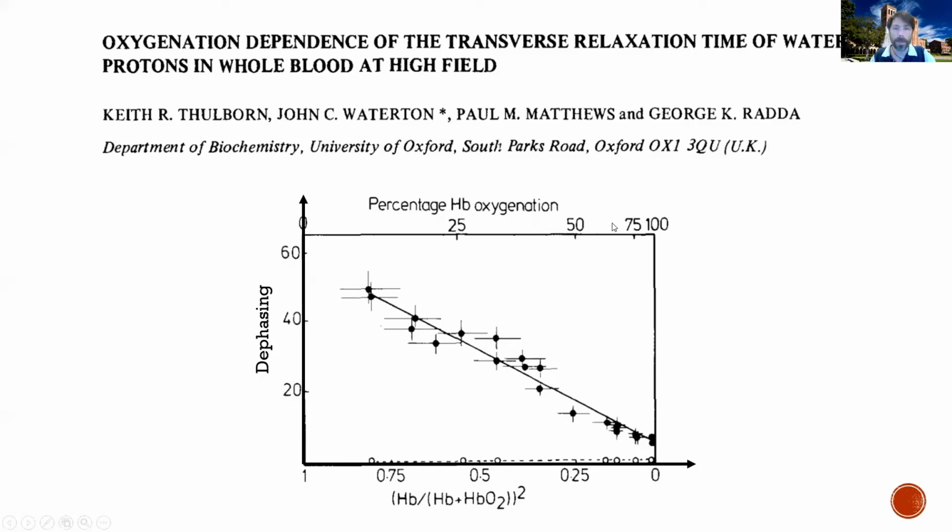On the other hand, if there's little oxygenation, so on this side of the axis, then protons dephase very rapidly. So this line clearly shows this inverse relationship between the speed at which protons dephase and just how much oxygenation there is in tissue. And again, the greater the oxygenation, the slower the dephasing, i.e., the stronger the signal.